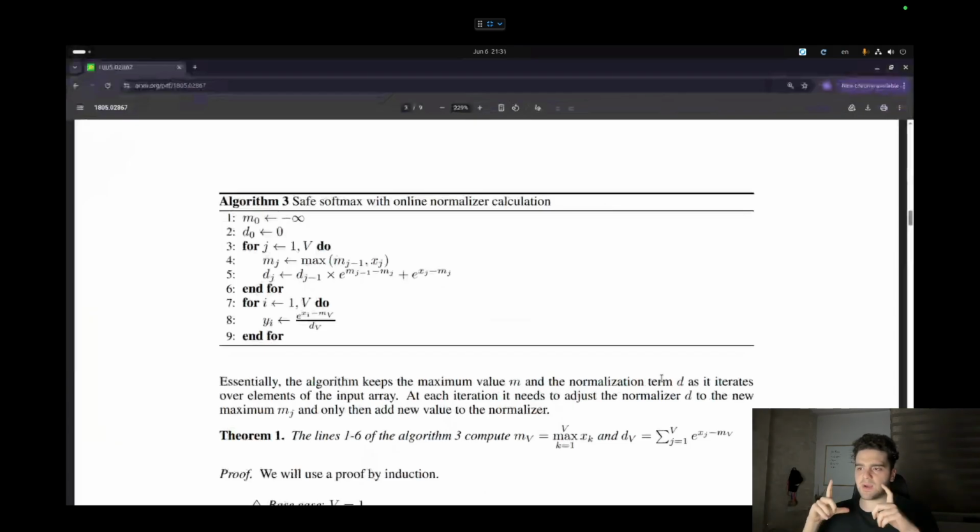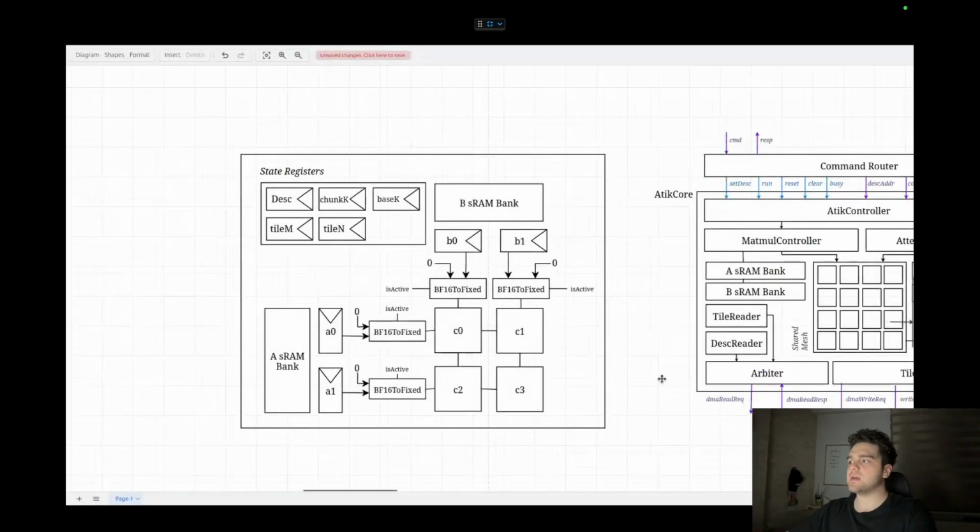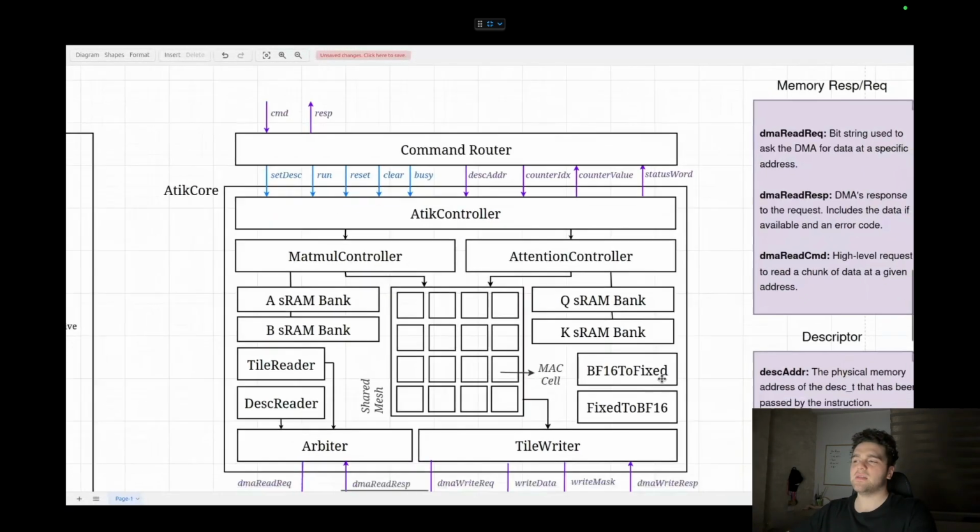The softmax bottleneck is solved by this online softmax algorithm. Implementing it in the hardware is not that easy. However, it is a thing for you to check. Like I've said, it is normal Matmul. We are using this mesh again.